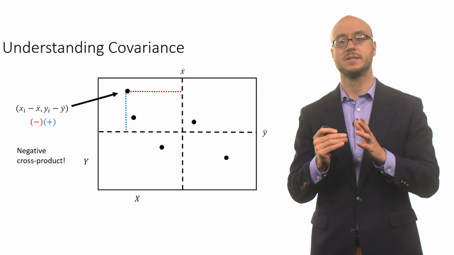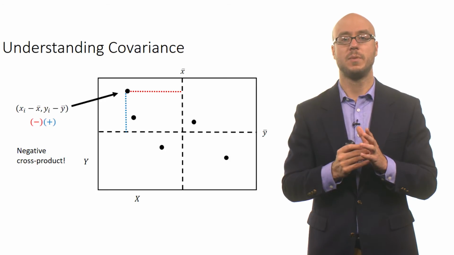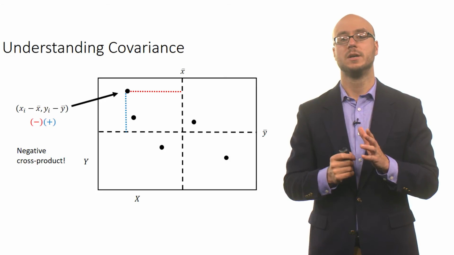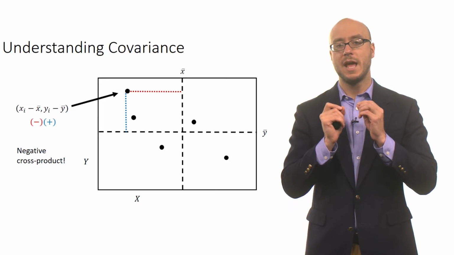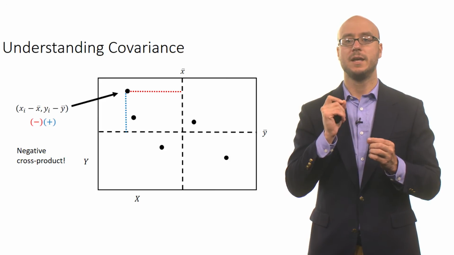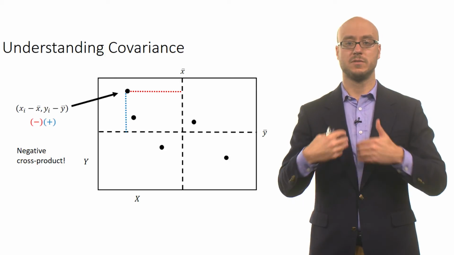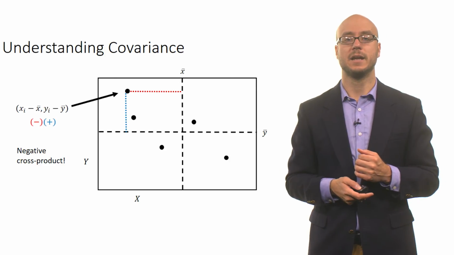So this person has an x value below the average and a y value above the average. When you multiply a negative by a positive, you get a negative cross product. A negative times a positive will always give you a negative value.